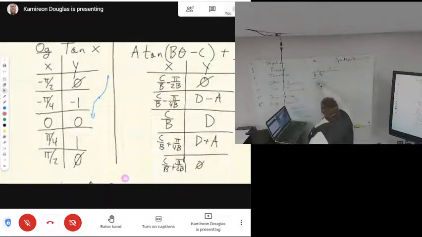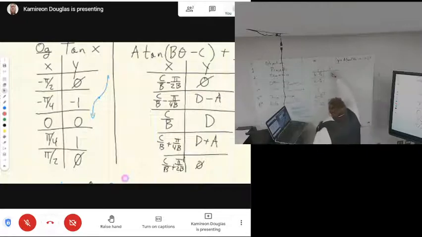Second one, C over B minus pi over 4B. Middle one, C over B. Next one, C over B plus pi over 4B. And the last one, C over B plus pi over 2B.